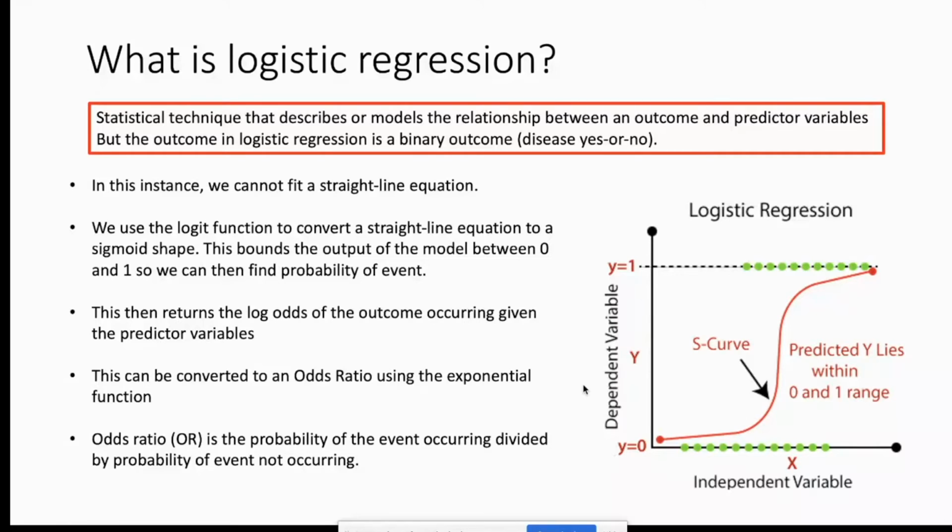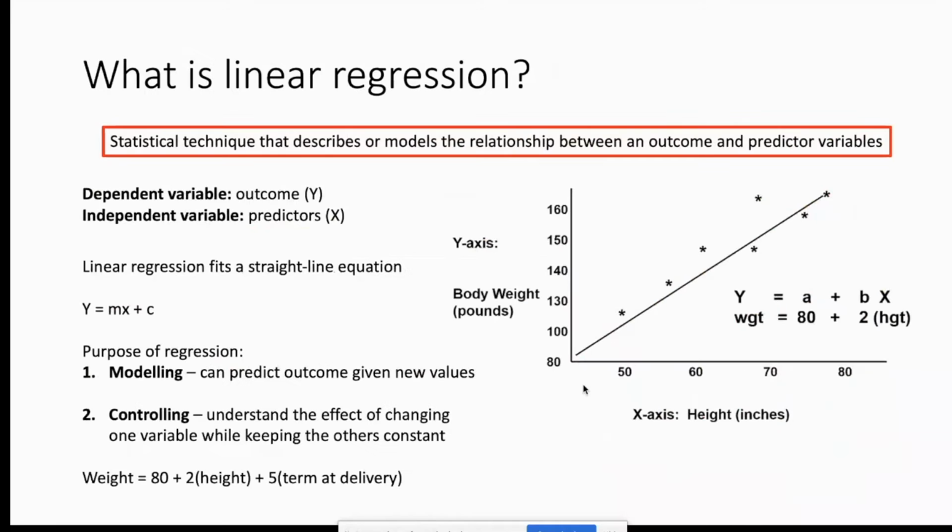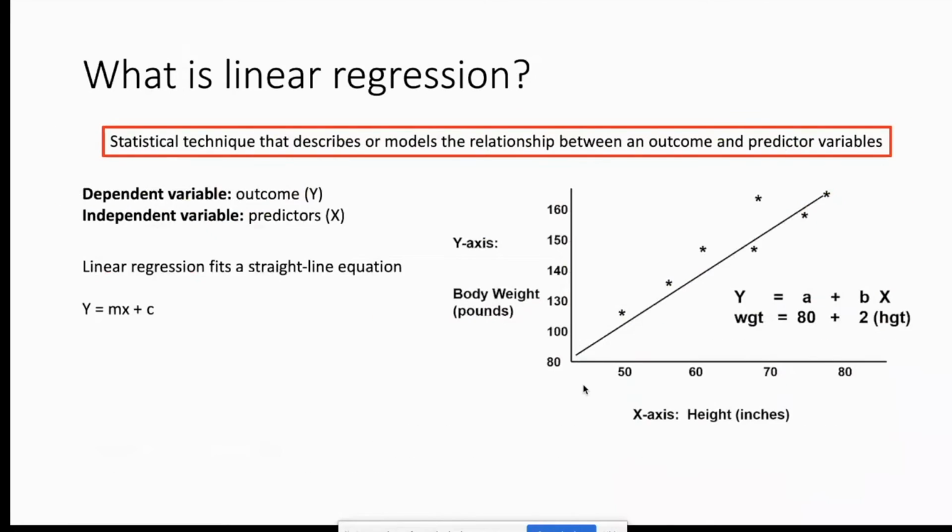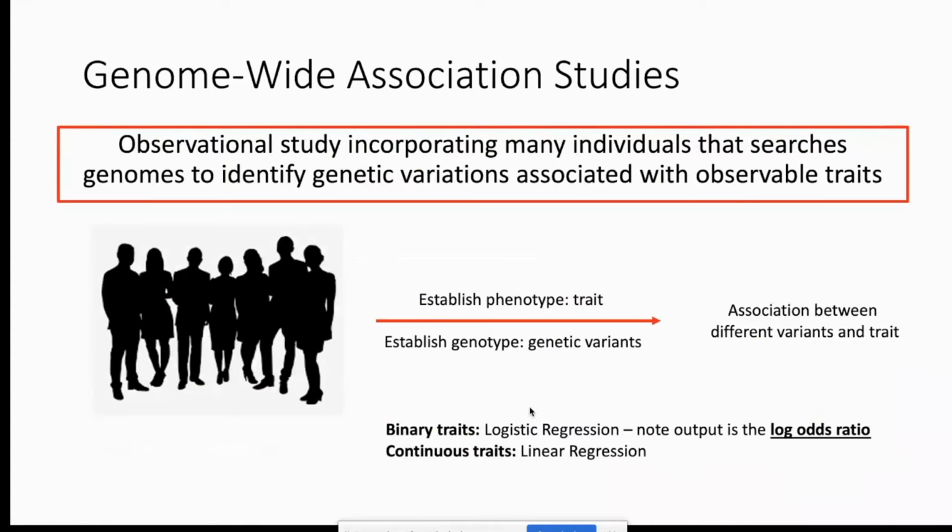So applying these to a genome-wide association study, we're looking at type 2 diabetes, which is a binary trait. This then looks at how is the association between all of these variants and the binary trait, and it shows us the odds. So what is the log odds for type 2 diabetes given a certain variant or a certain single nucleotide polymorphism?